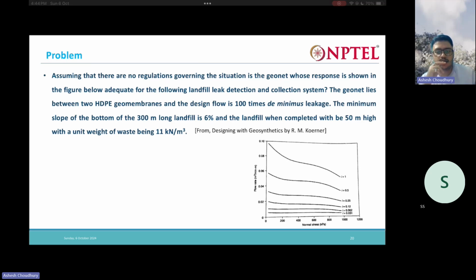So from this again we can get the normal stress. 6% is nothing but the gradient of the landfill, and the length of the bottom, 300 meter, is also given. So first you will again find the required flow, then the allowable flow, then the vertical pressure, then the factor of safety.